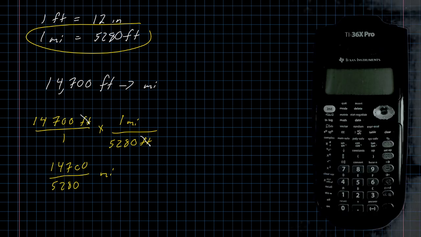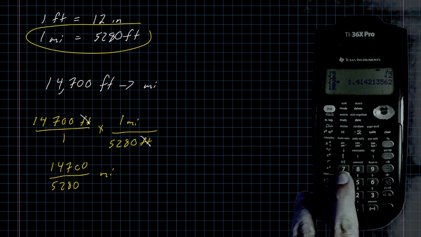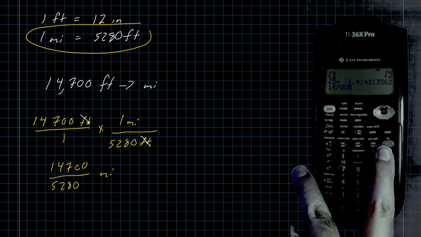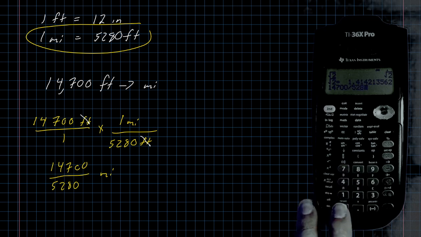In order to do that, I'm going to grab my calculator. When I put that into my calculator, well, sometimes it will give you that as a fraction. You'll again use the fraction to decimal key to get that as a decimal value, which is what we need in order to actually do anything with it.